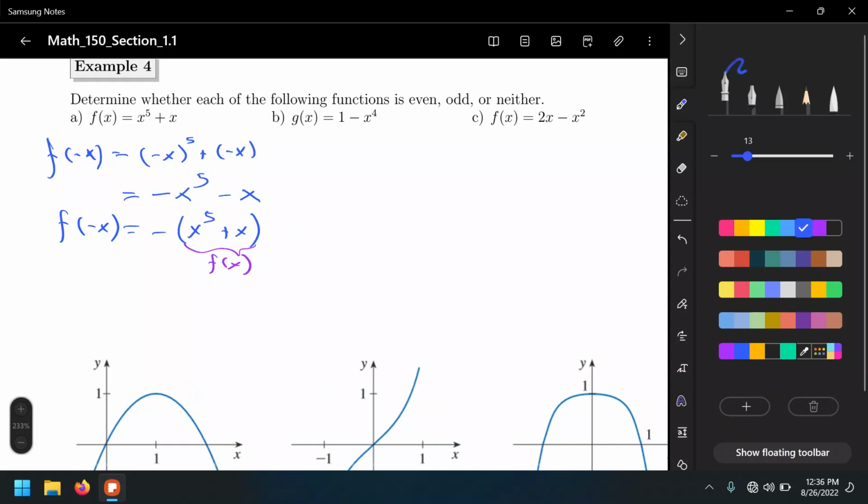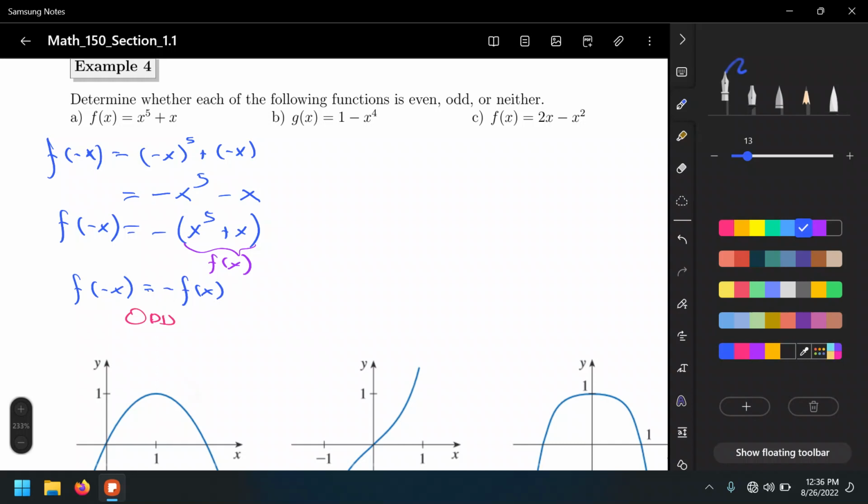That is, we got that f of -x equals -f of x. What does that mean then? Even, odd, or neither? Odd, right?